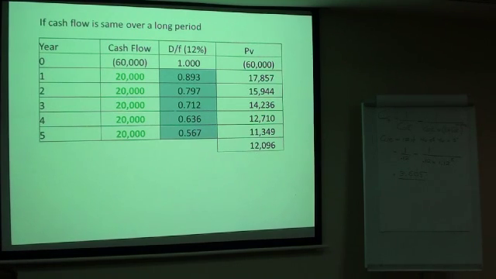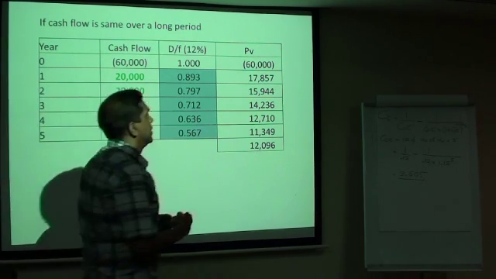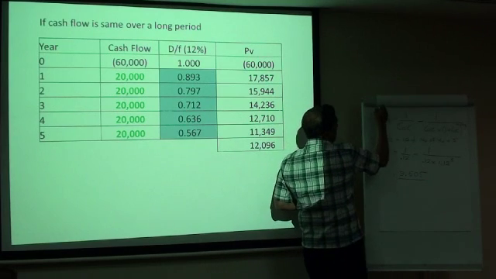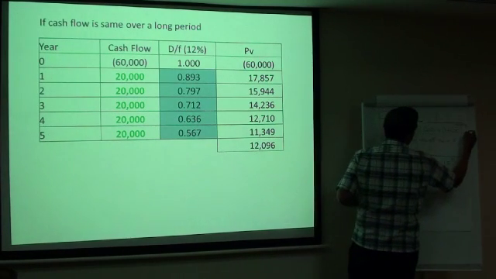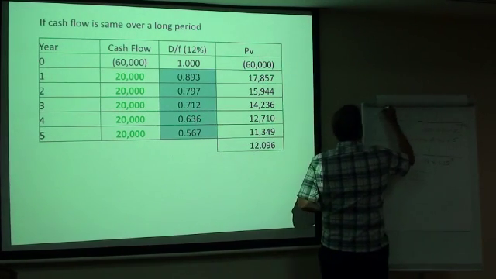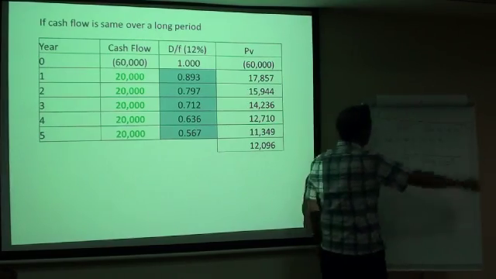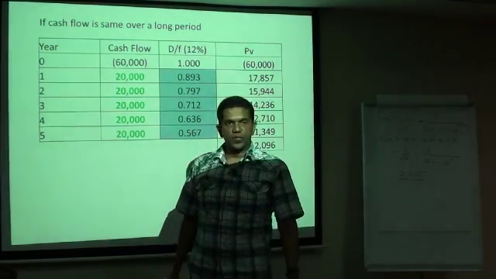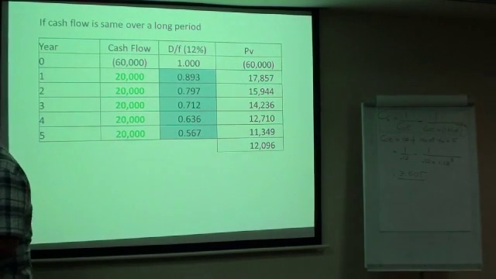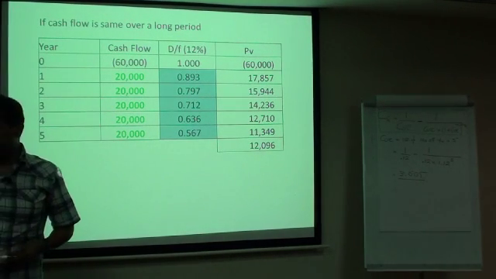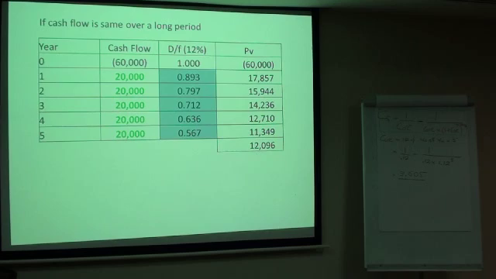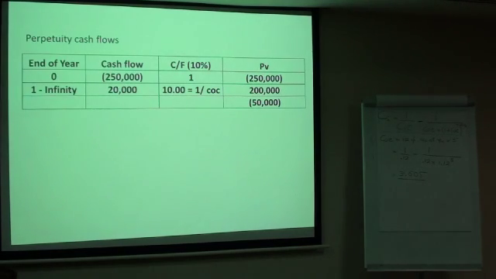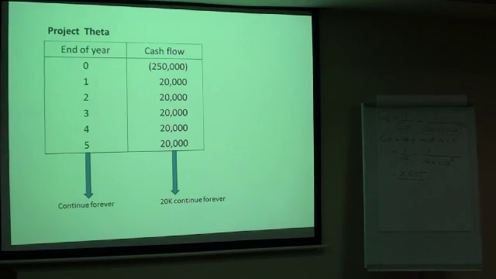What is that? 1 divided by cost of capital minus 1 divided by cost of capital, 1 plus cost of capital to the power of n. Good?